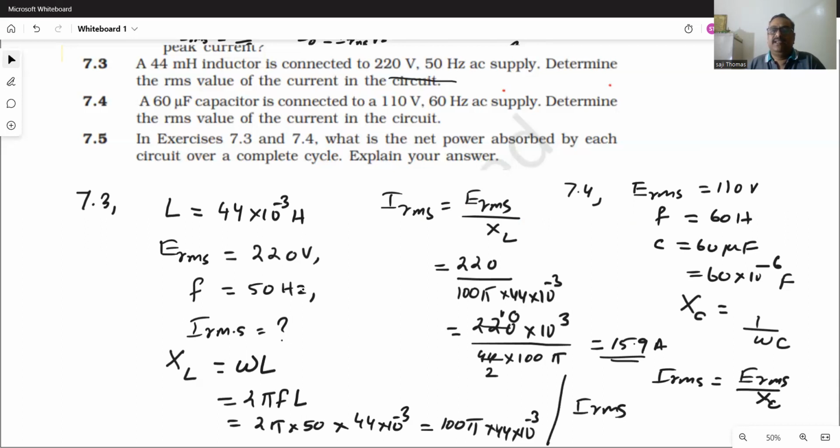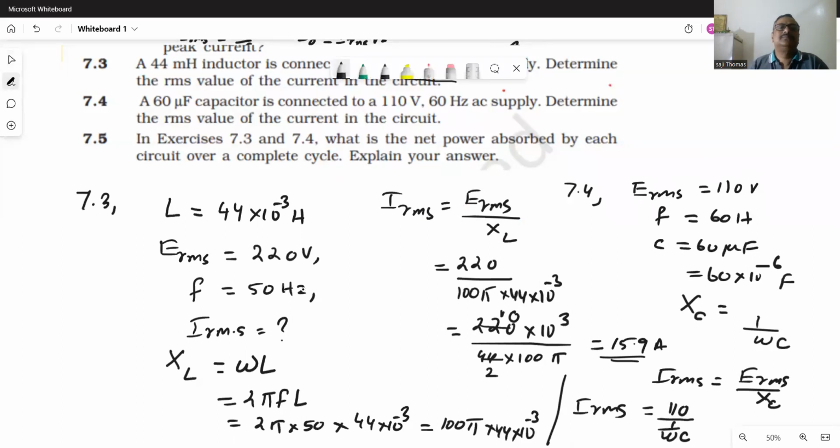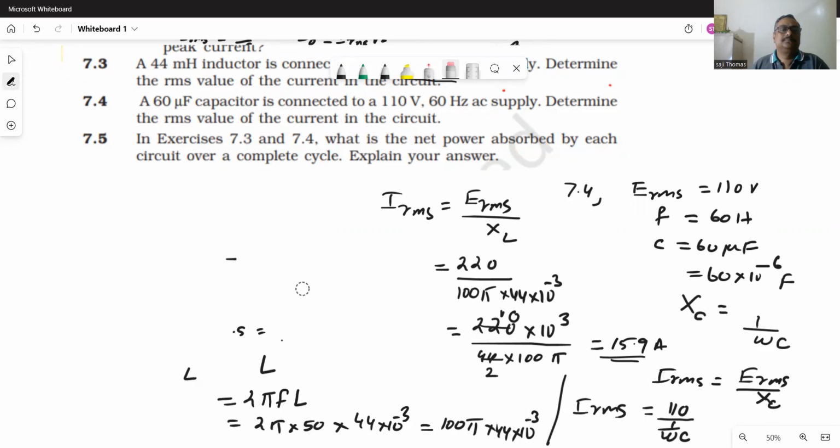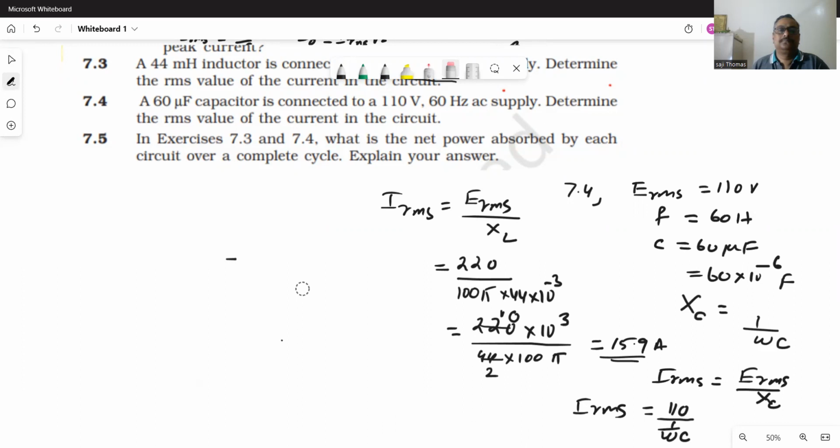IRMS equals 110 divided by 1 by omega C. That 1 by omega C you take in the numerator.